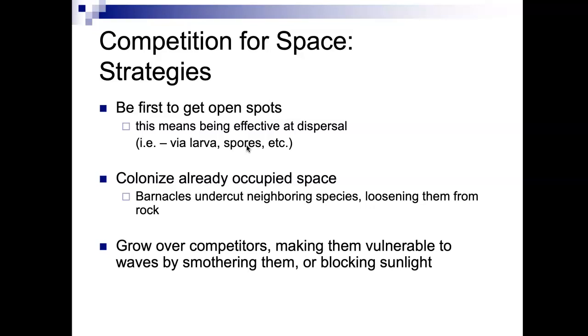When we talk about sea palms, we'll talk about one of their special strategies for colonizing an already occupied spot. It actually involves sacrificing their first brood, their first group of spores. It's an interesting strategy. And the third strategy is simply to grow over your competitors and make them really vulnerable to waves by smothering them or blocking sunlight.